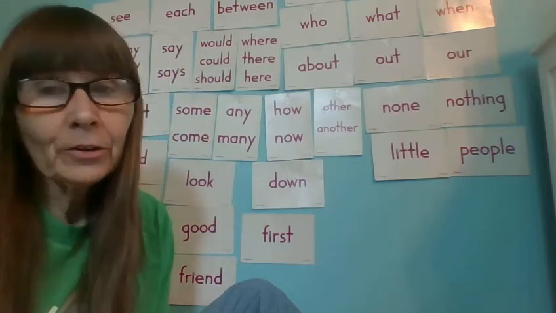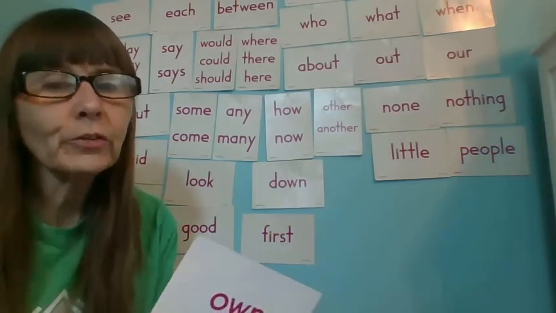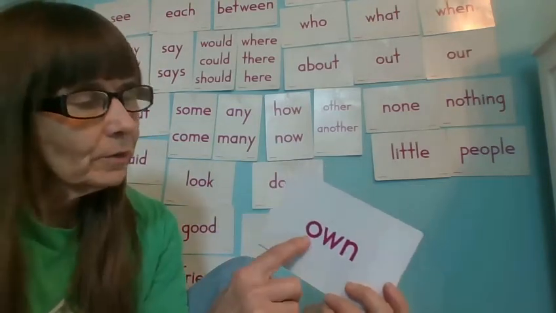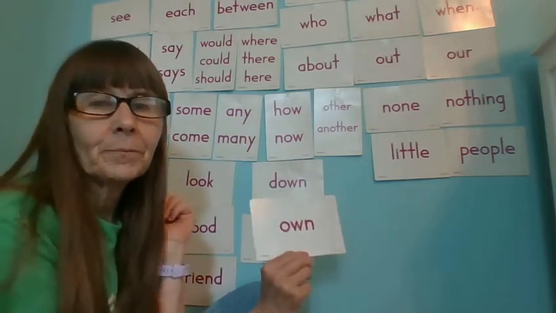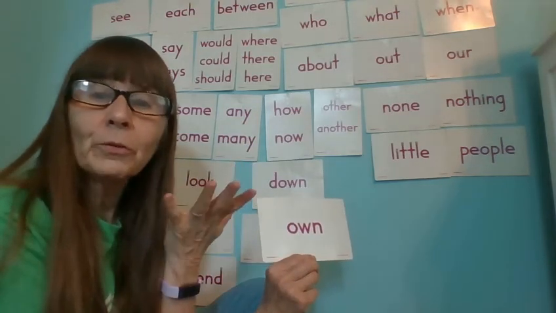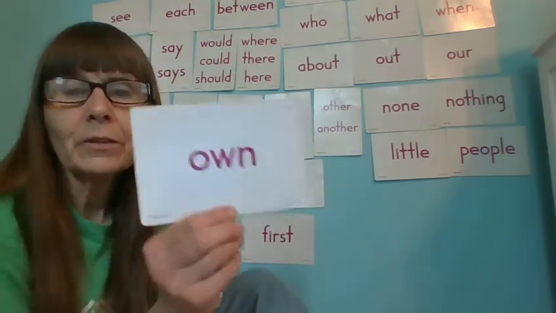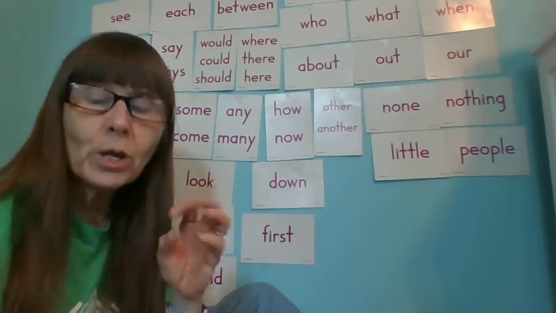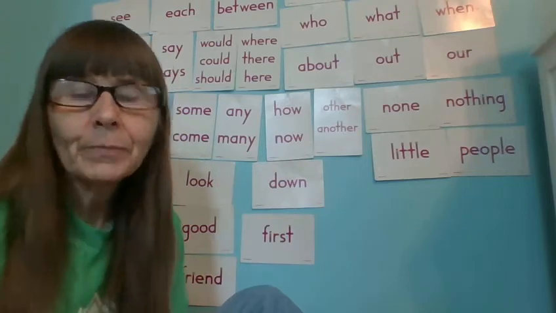All right, here's one word that kind of throws a monkey wrench into things. This is vowel team OW. Now look over here. That looks like almost the same word, except this word has a D in front of it. This does not. This word is down. The OW says an ow sound, like how and now.